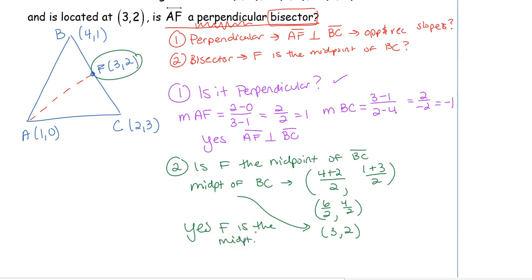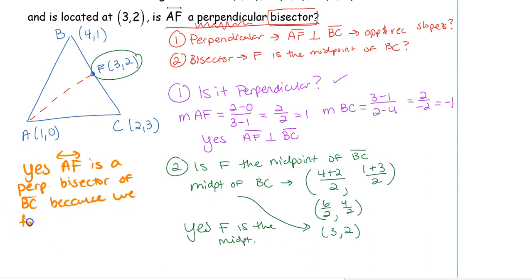So in order to be a perpendicular bisector, it had to be both of those, and we were lucky it was. So we can draw our conclusion that yes, AF is a perpendicular bisector of BC because we found AF to be perpendicular to BC and F is the midpoint of BC.